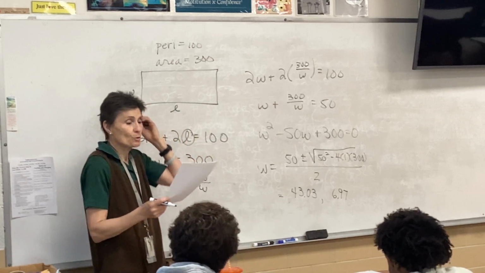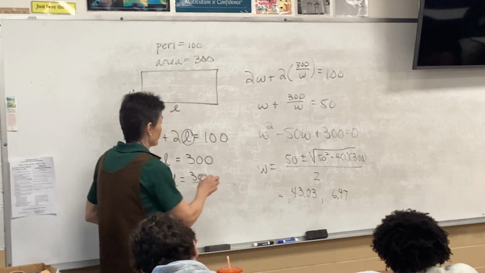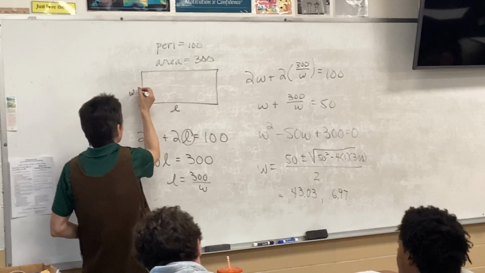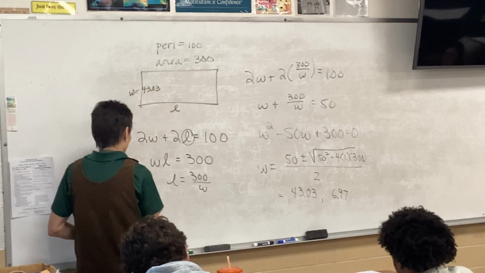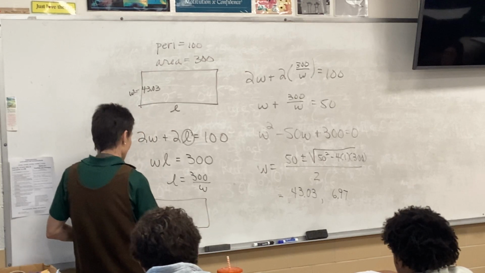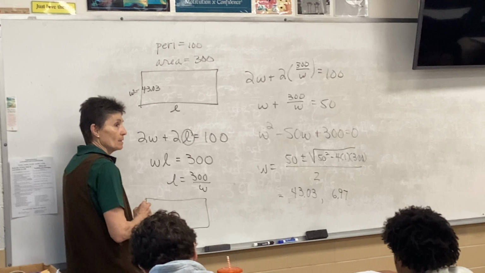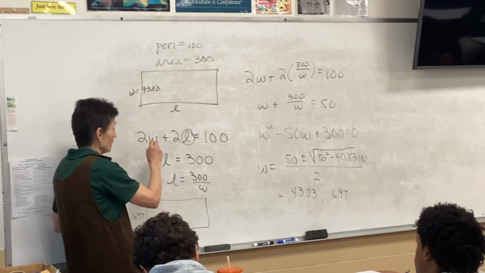Stop it! So your job is to figure out what the dimensions were. So W is either going to be 43.03 or W is going to be 6.97. Right? So what does that make L?